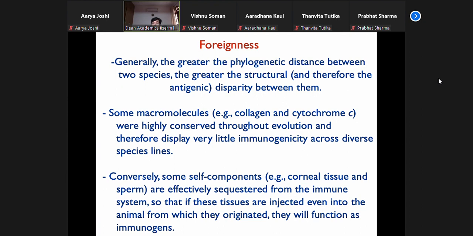The nervous system is another example of this. Normally, the nervous system, corneal tissues, and sperm are called immunoprivileged sites. But if you get inflammation in these tissues because of injuries, other problems or infections, then yes, chances of it being autoreactive in origin are high. Right, sir.